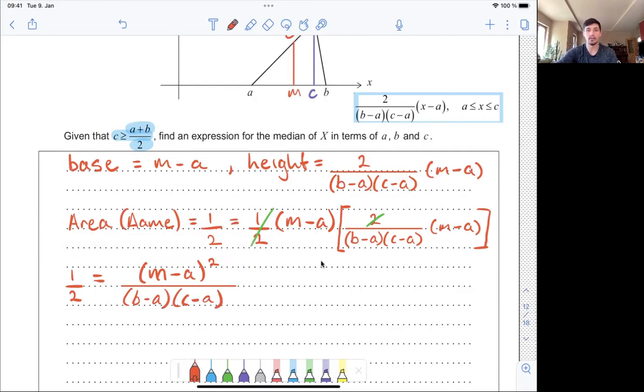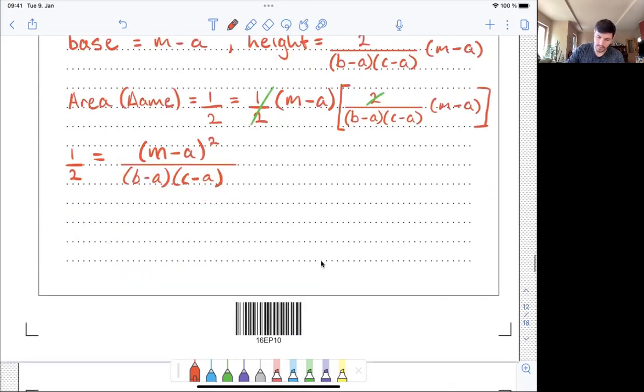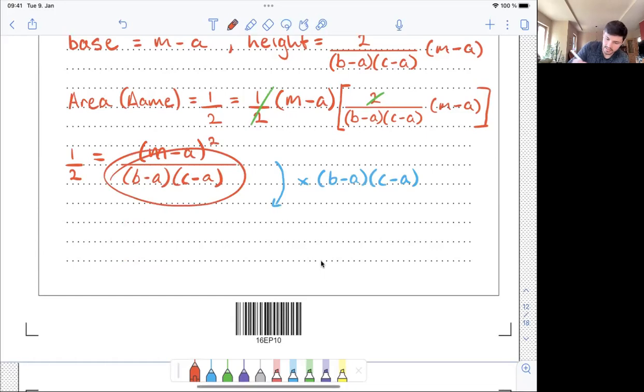And now what we can do is rearrange this. Let's multiply both sides by B minus A multiplied by C minus A. Let's take this down and say what we're doing. We're multiplying by B minus A multiplied by C minus A. And that's going to get rid of this denominator here.